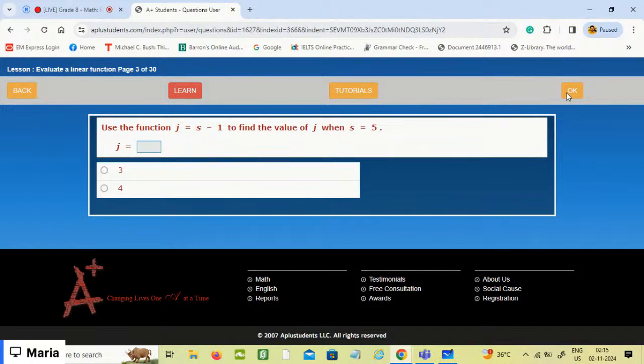So you have to do 5 minus 1. The correct option is 4, right? 5 minus 1 is 4. So option number 2 is the correct option.